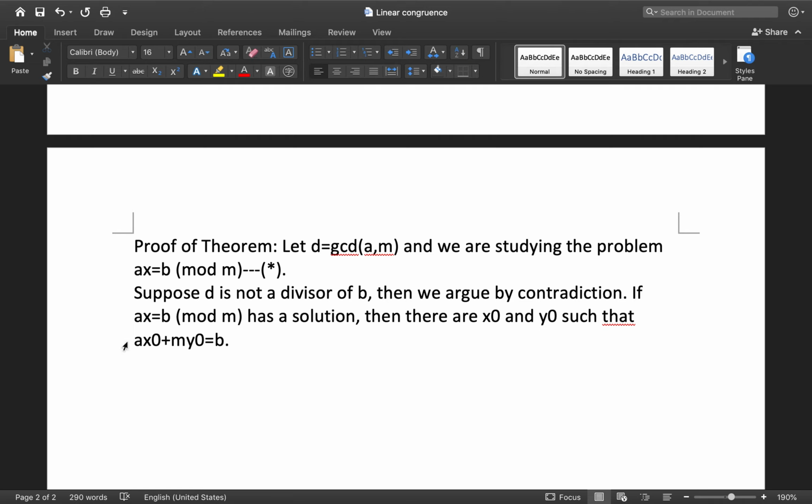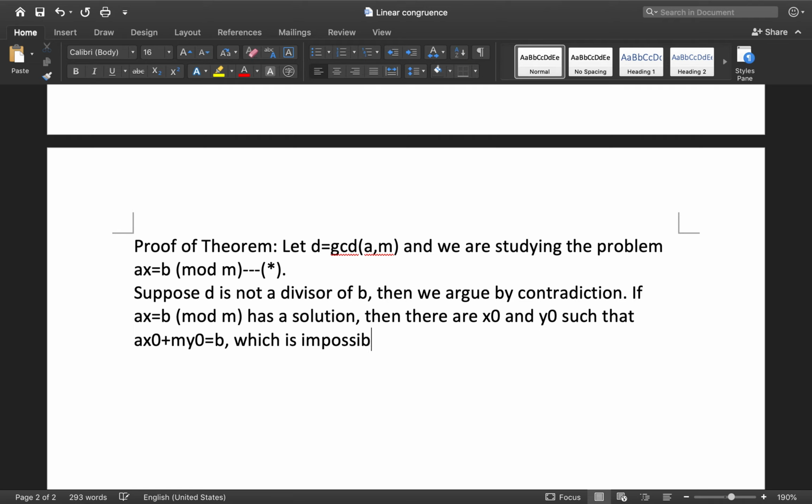Then this left-hand side will always be divisible by D, because you can factor out the D, so the left-hand side is just a multiple of D. Because left-hand side equals right-hand side, B is also a multiple of D. That is a contradiction, because we assumed D is not a divisor of B, which is impossible.